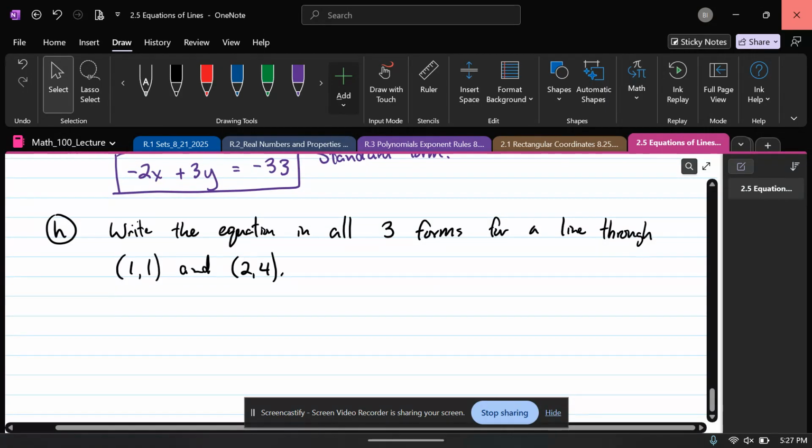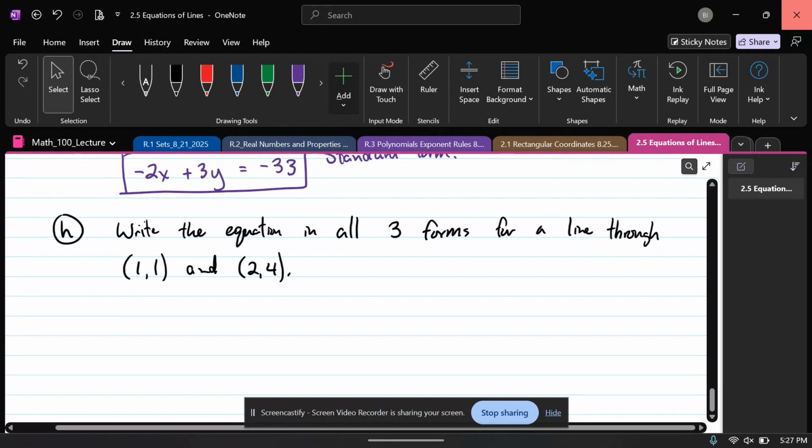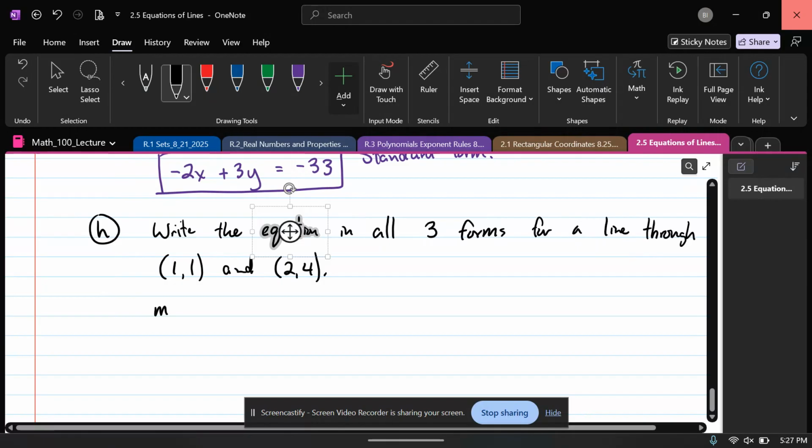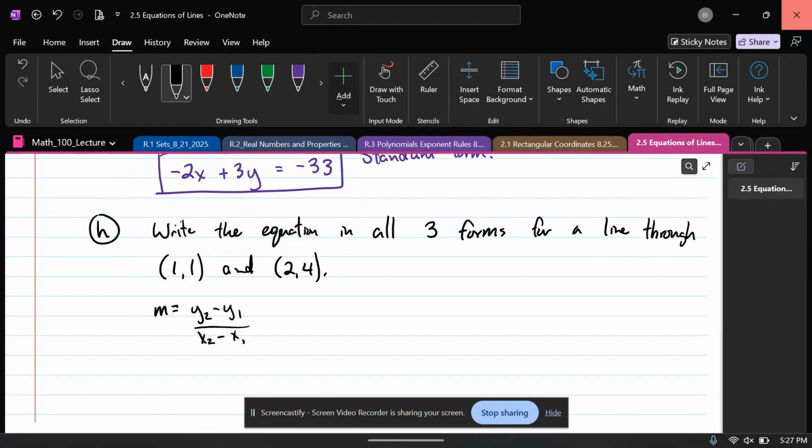What do I need to find to start anything? Slope. So m equals y2 minus y1 over x2 minus x1. I've written that about 17 times over the last 2 weeks. I hope we've got it memorized by now. So 4 minus 1 over 2 minus 1. So that's 3 over 1. So my slope is 3.